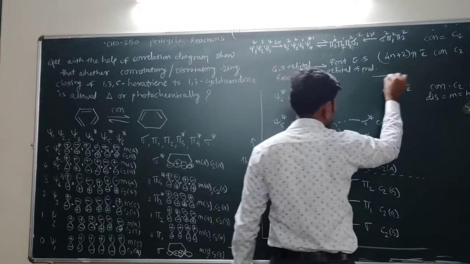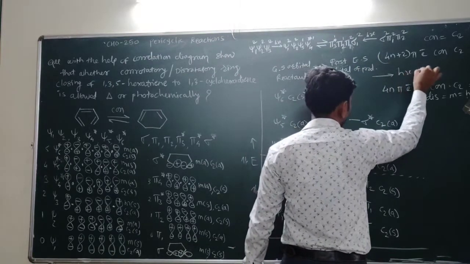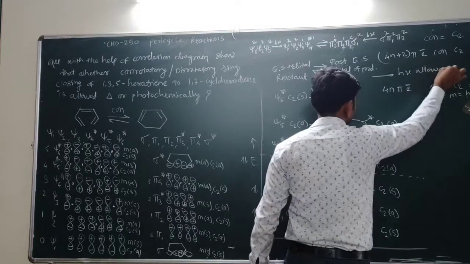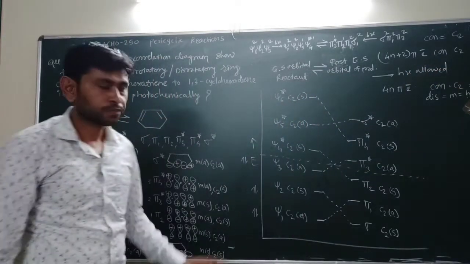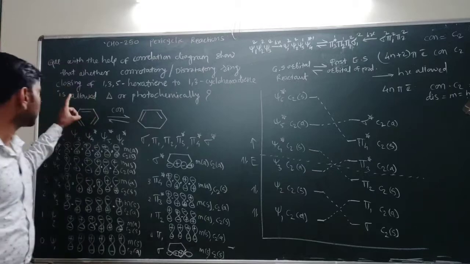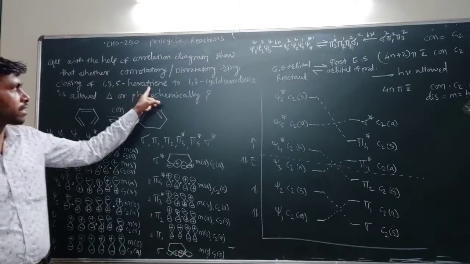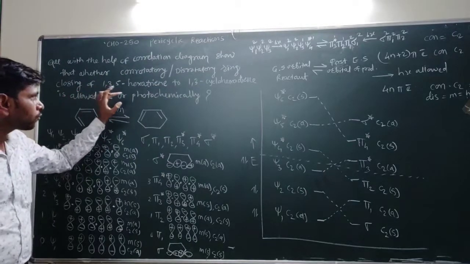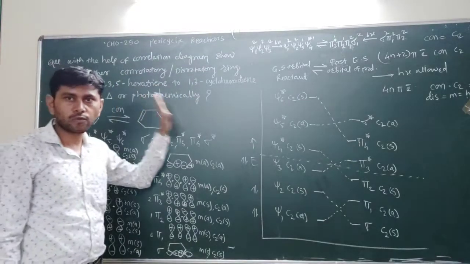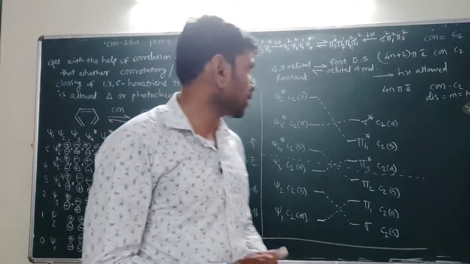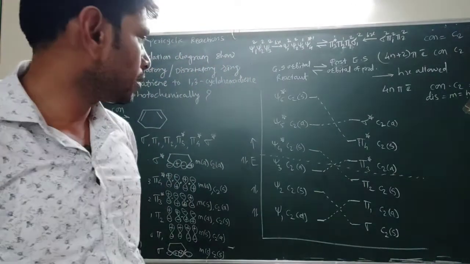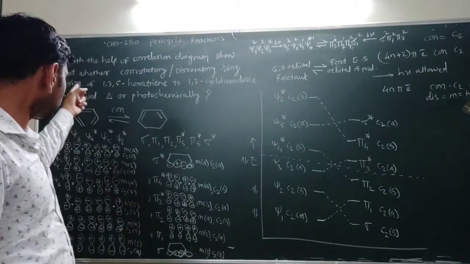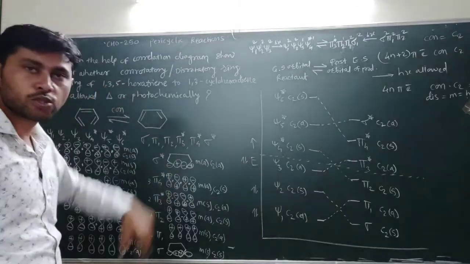Hence this reaction is photochemically allowed. So by rotatory motion, the ring closing reaction of 1,3,5-hexatriene to 1,3-cyclohexadiene is allowed photochemically. Now the second topic that we have to consider is the reaction by disrotatory motion.